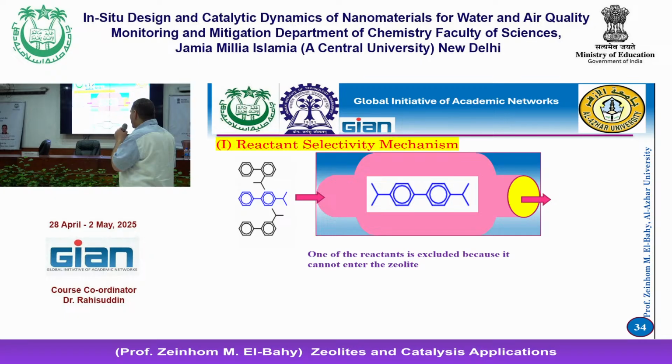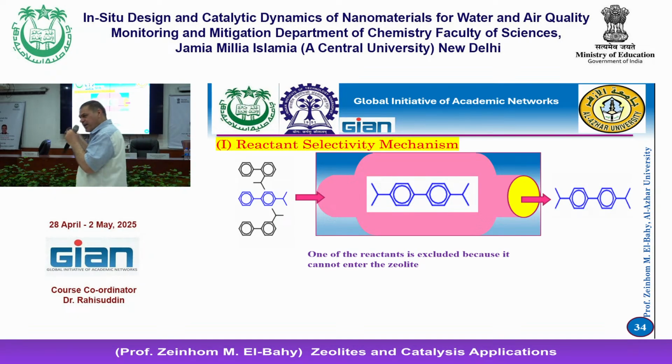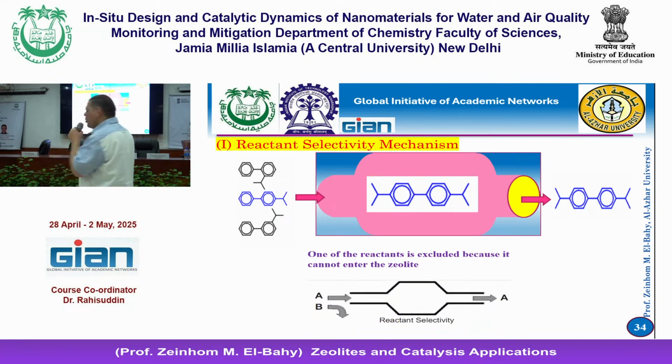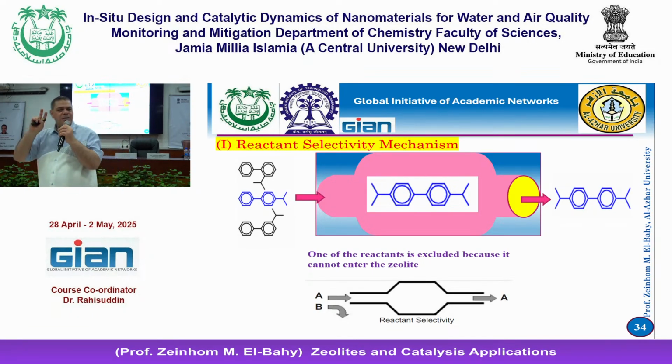This means that you have two reactants or three reactants, whatever. Only one of them will go inside the channel or cavity and make the reaction, and the product will leave. This means it is reactant selective.